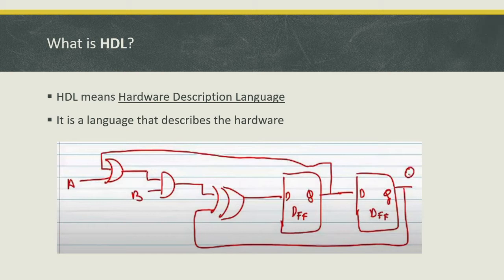As you can see, it's just a very small circuit. Now what if we have 10 times the number of ORs, 10 times the number of ANDs, and so on? It's a very big problem. It will not be scalable. We will have a hard time drawing 10 times more of this. It's not scalable.